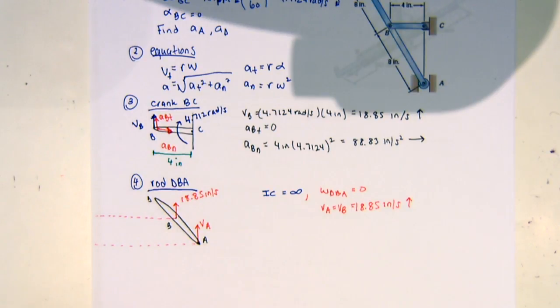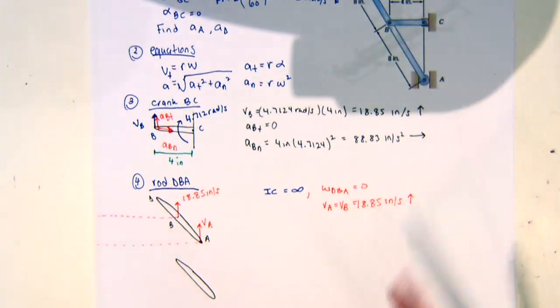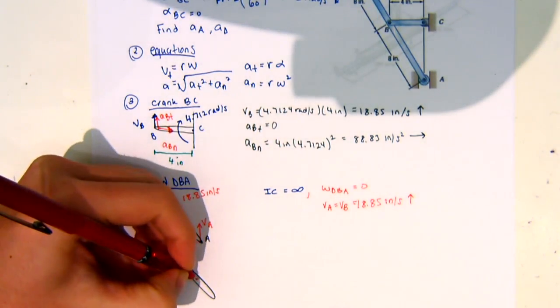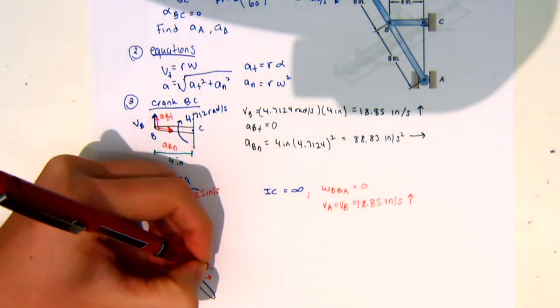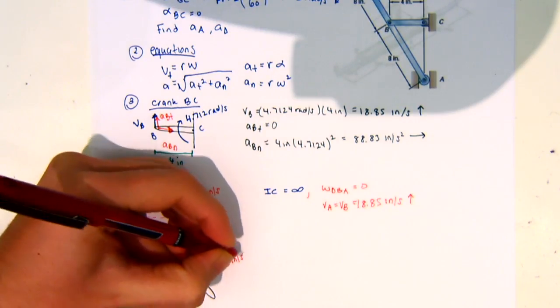Now we have to look at the accelerations of this one. So, redrawing my diagram. At point B, we know that we had our normal acceleration going to the right. So that was 88.83 inches per second squared.